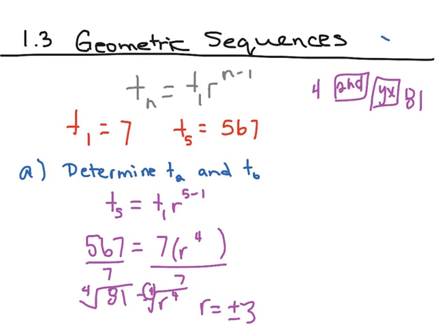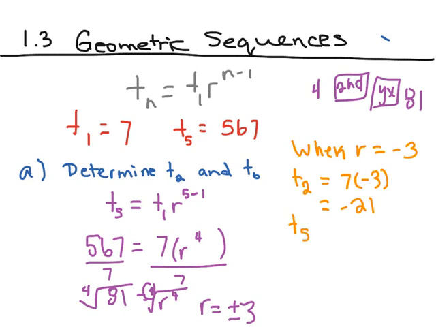So now when we solve for T2 and T6, we have two options. When R equals negative 3, T2 is going to equal 7 times negative 3, because we know term 1 is 7 and our R is negative 3, so negative 21.